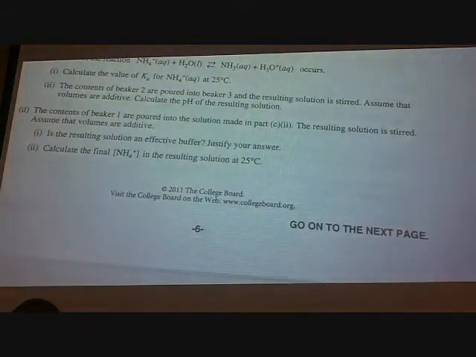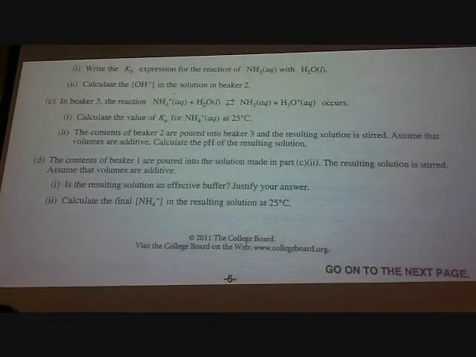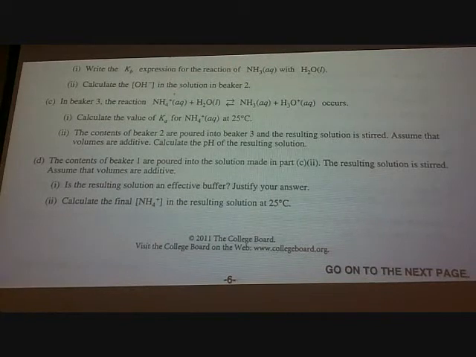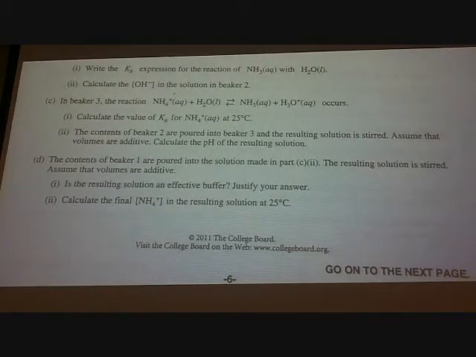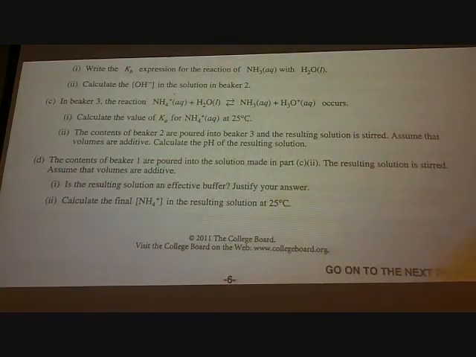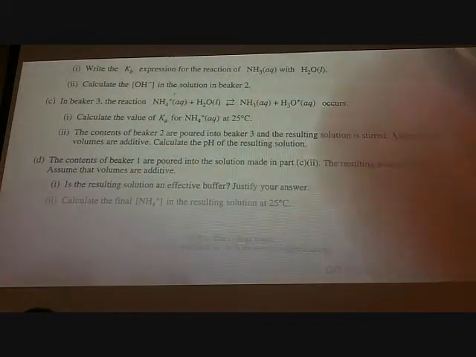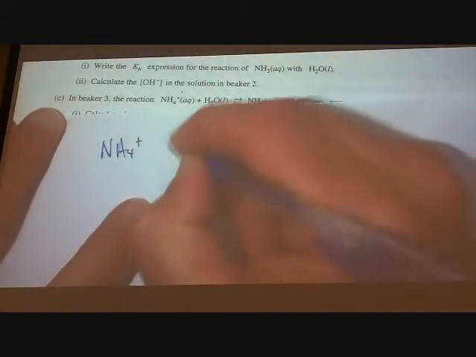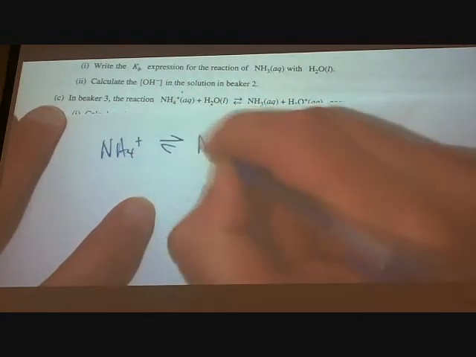So is it an effective buffer? I'm going to leave it up to you guys. You tell me. Yay or nay? All right. Let's do this. Let's say that we've got some ammonium and some ammonia.